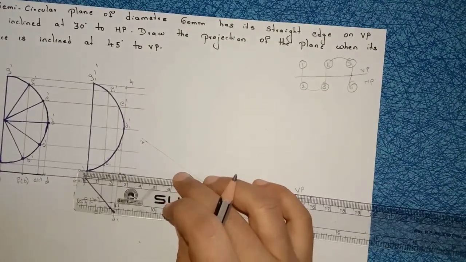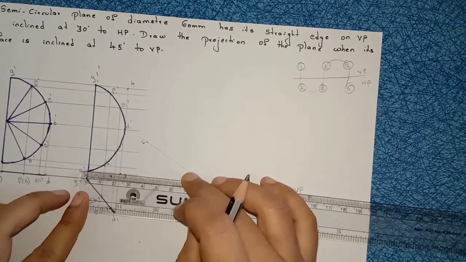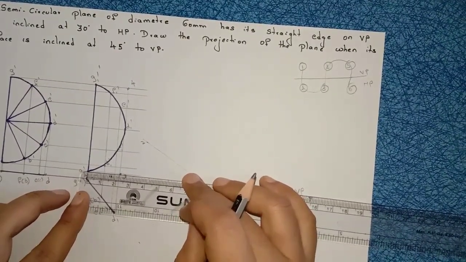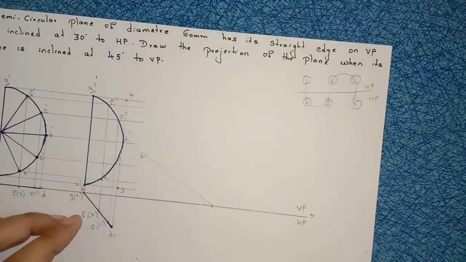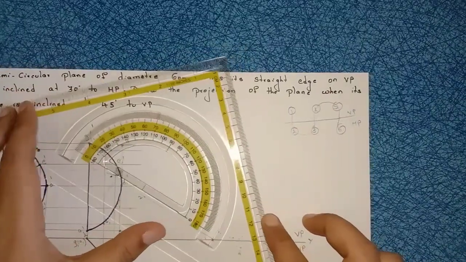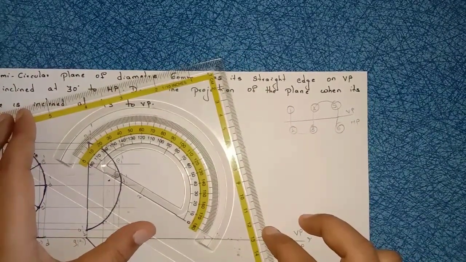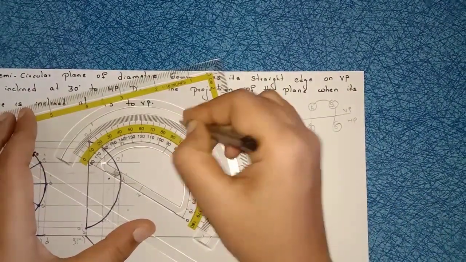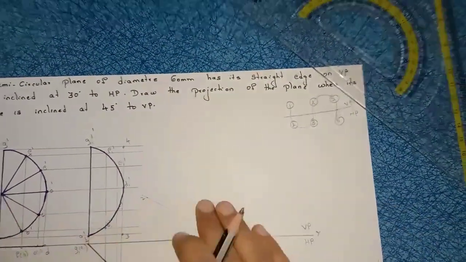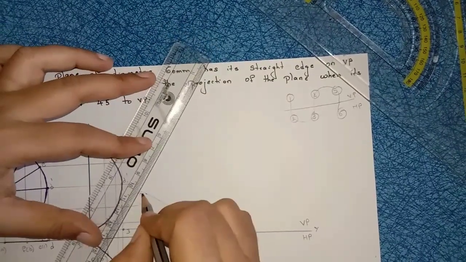After that 2, 3. How much it was here? 23. 2 to 3 distance is I got here 23. So what I will do, I will place my protractor on the second point. First I will mark a 90 degrees angle. Right? Then I got here, this is here 22. I will draw here 22.